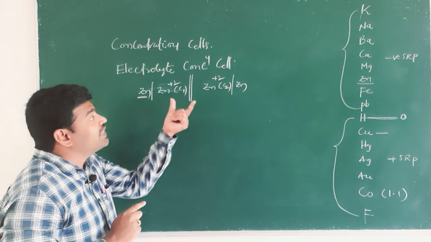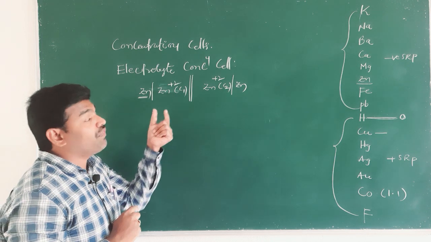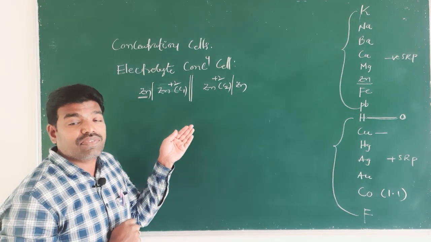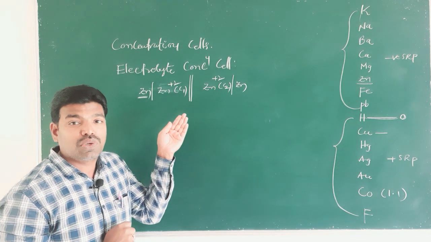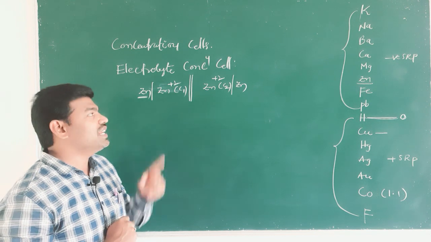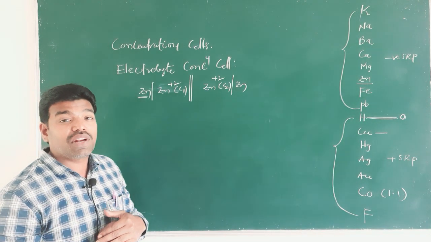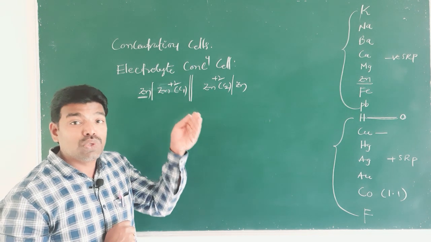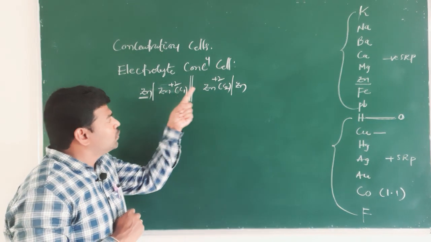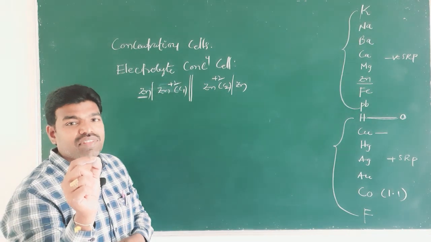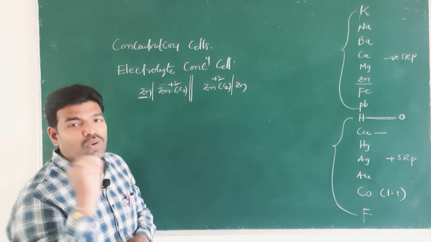So here in concentration cells diffusion takes place from high concentration solution to low concentration solution, right. So initially the EMF of the electrolyte concentration cell is high, and whenever the two concentrations become equal, the EMF of the cell would be 0.